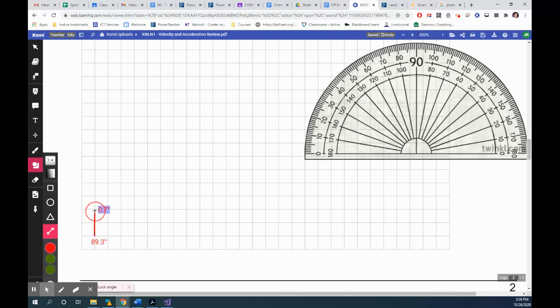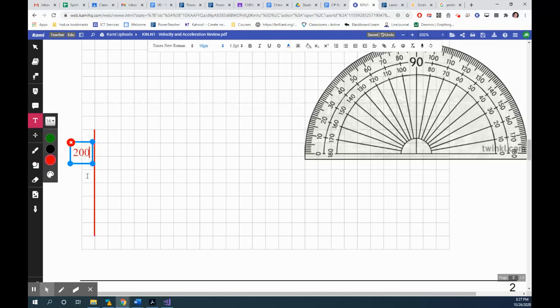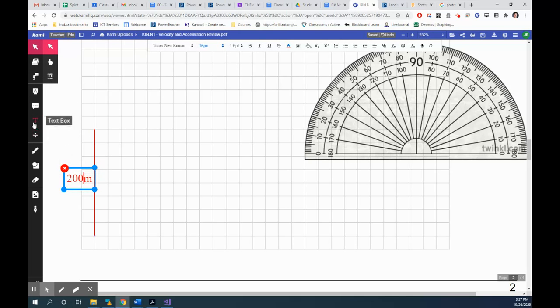So I'm going to go 50, 100, 150, 200. There we go. 200 meters. And you can write that in here even. 200 meters. And I'll rotate this. Whatever, that's good. All right, so I got that.